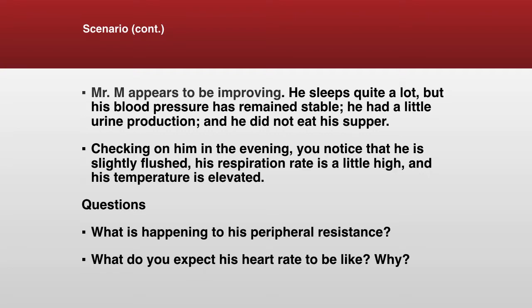What do you expect his heart rate to be like, and why? He's producing a little bit of urine, so his blood pressure is probably okay. But his temperature is elevated and he's vasodilated. So my guess is that his blood pressure would still be a little on the low side.